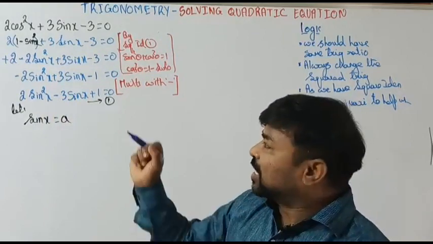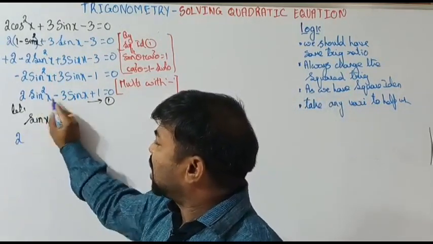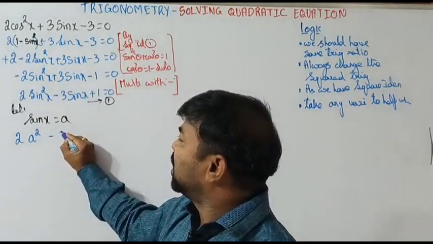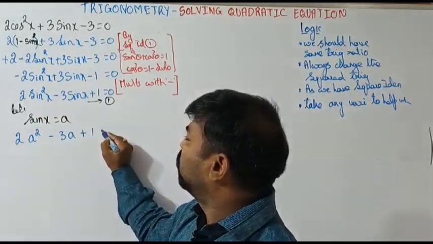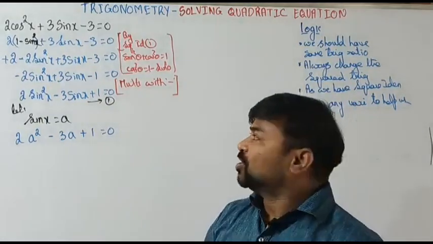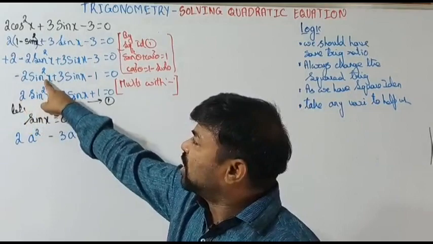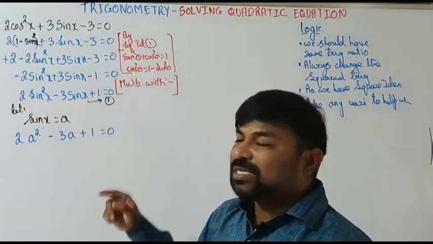So as I am calling sine x is equal to a, can I write it as 2a square minus 3a plus 1 is equal to 0? In the place of sine x, I took a, so it becomes 2a square minus 3a plus 1 is equal to 0.